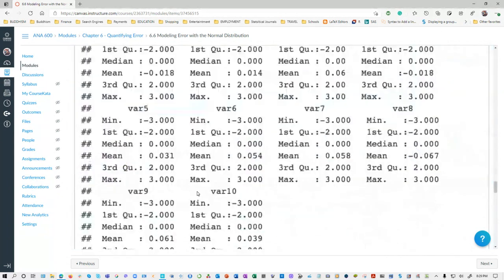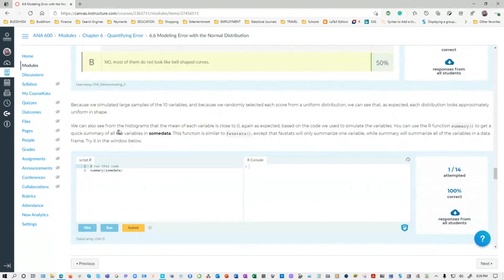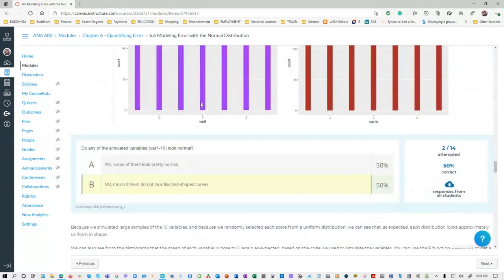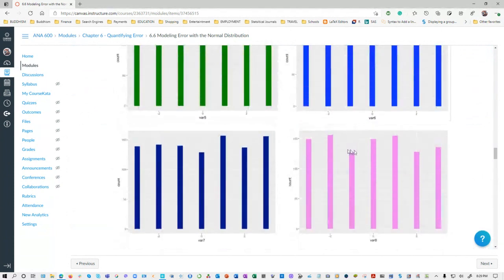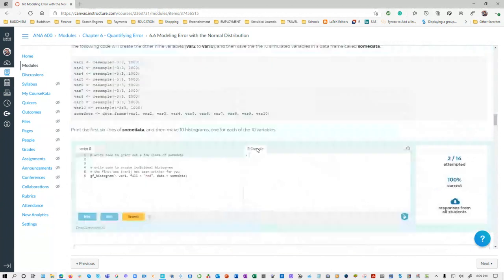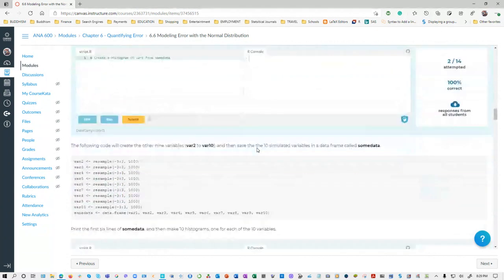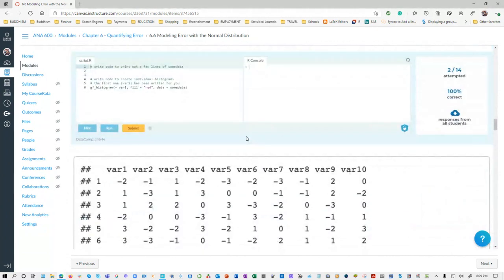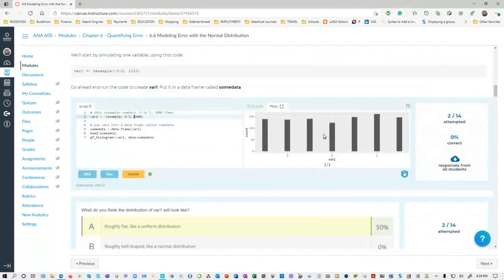So if you run summary statistics, we can also see from the histogram that the mean of each variable is close to 0. It's been centered around 0. You saw the mean is 0. You know the reason for the mean being 0.